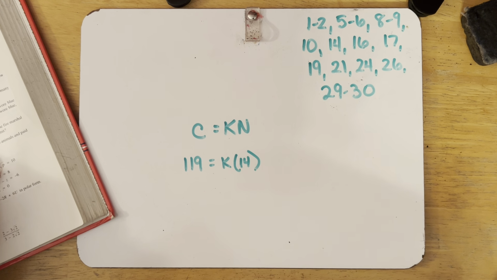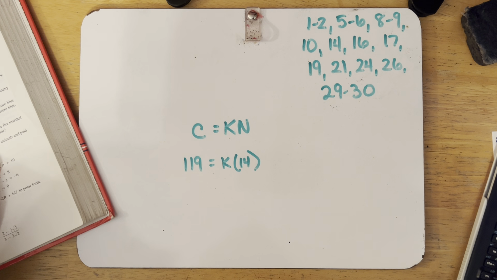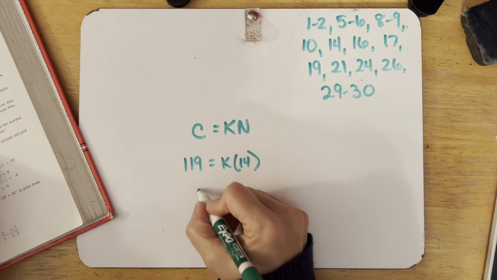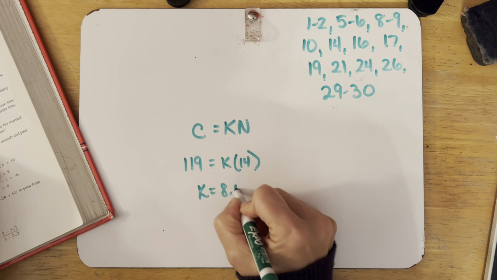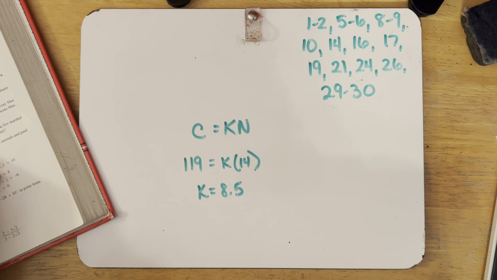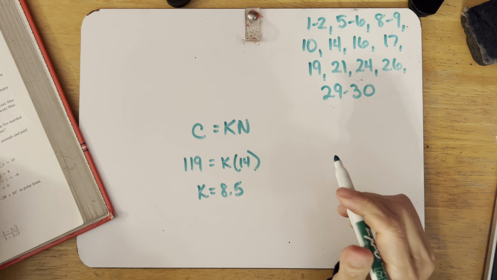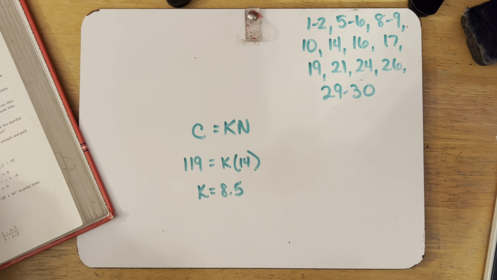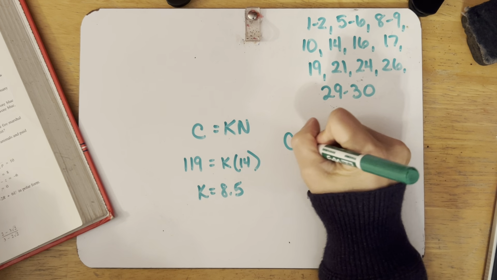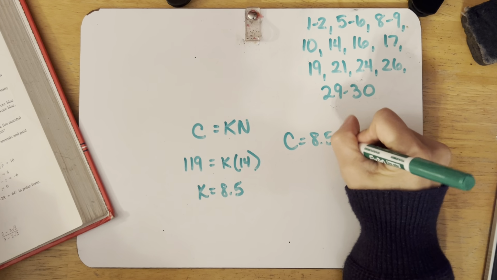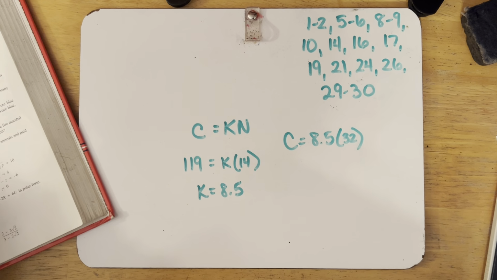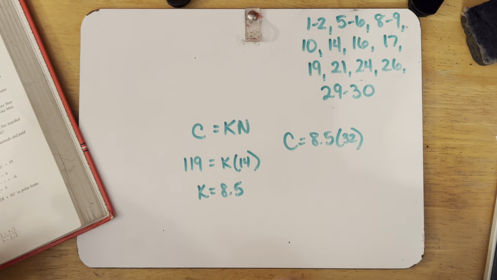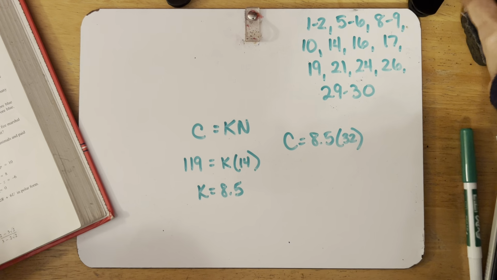Okay, so we need to solve for K first. So I'm going to divide both sides by 14. K equals 8.5. Okay, now, how much would 32 cost? So C equals 8.5 times 32. Okay, go ahead and write down your answer for that.